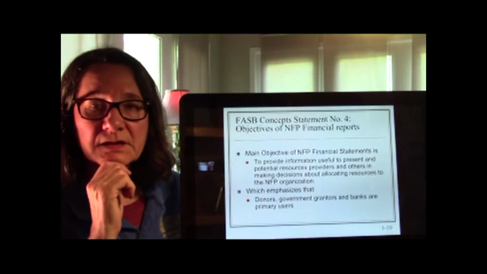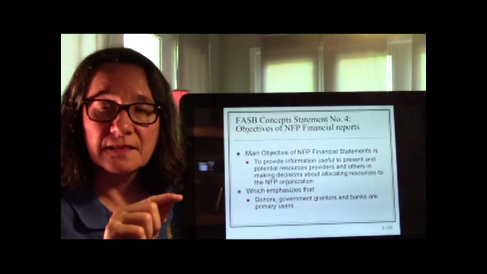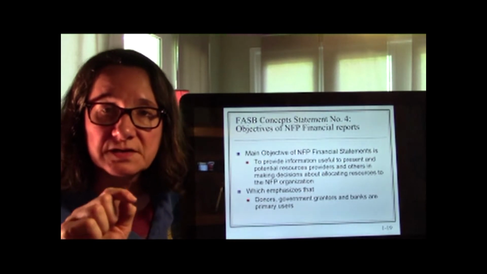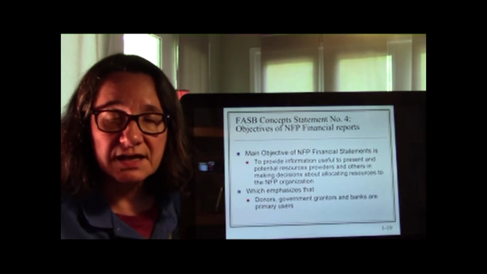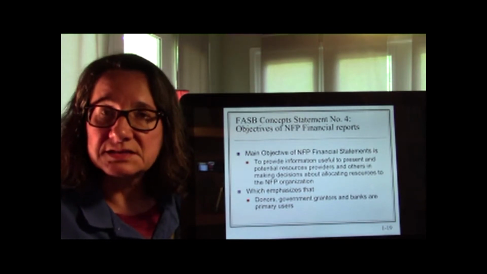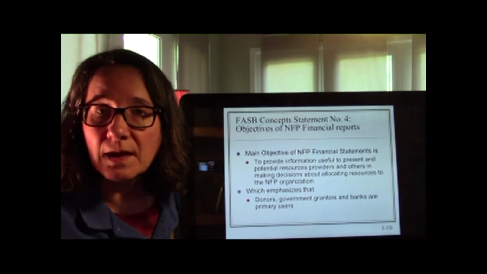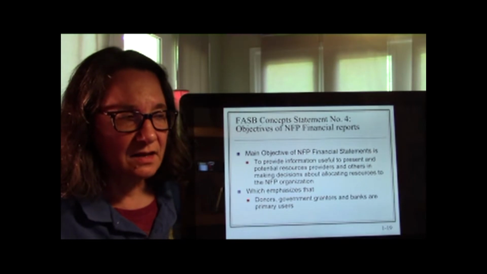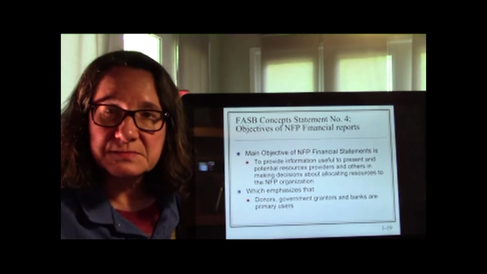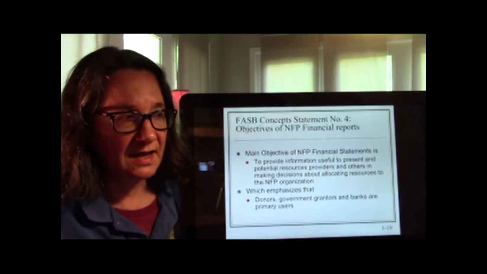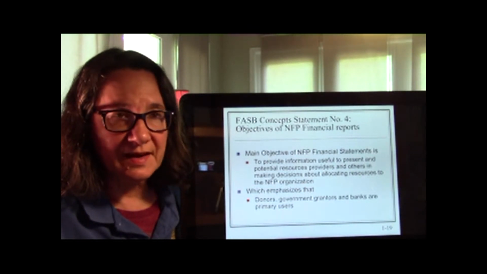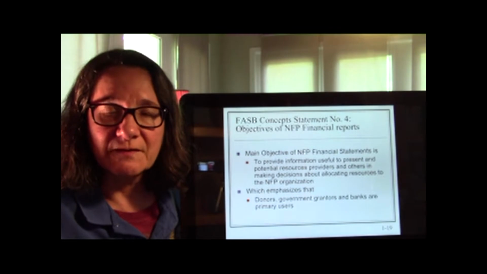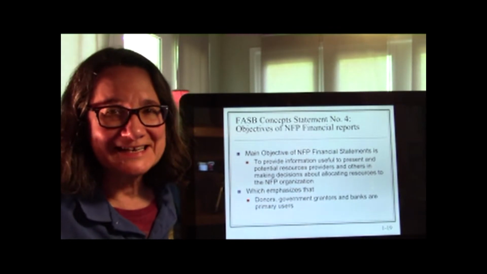So FASB, if you recall, their standards apply to the not-for-profits, the NFPs, as we're going to call them in this class. So the NFPs, you can imagine things like Doctors Without Borders, United Way. They have some separate concepts, and the main objective that makes an NFP different from a for-profit, right?